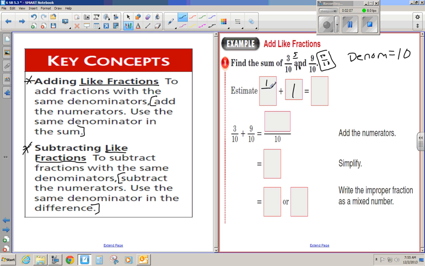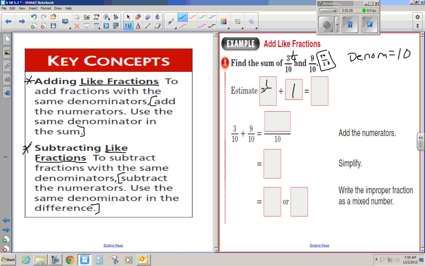Well, you know what? I did talk about finding the nearest quarter. This would actually be about 1/4. It's very close to 1/4.